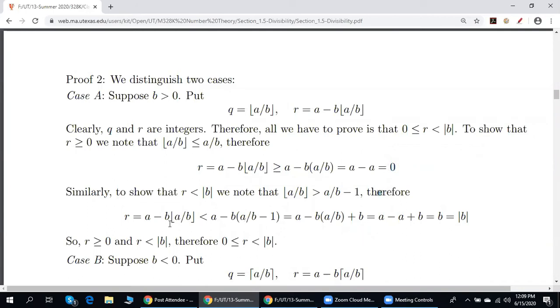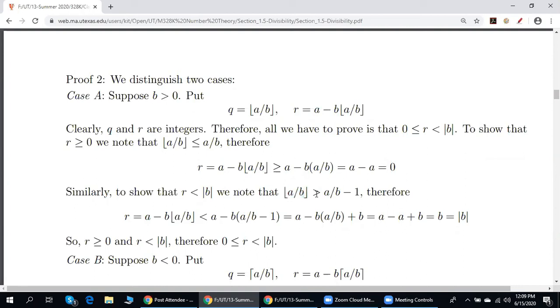Now let us show that r is strictly lesser than absolute value of b. Since floor of a divided by b is the biggest integer that does not exceed this, floor of a divided by b is strictly greater than a divided by b minus 1. Now, r is this, which is over here.